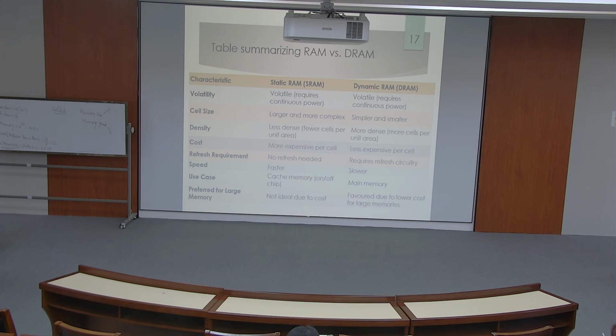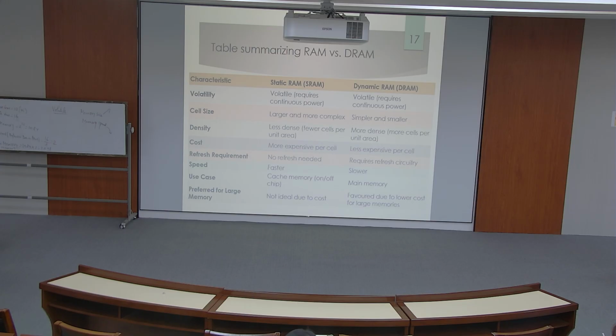When it comes to cost, the SRAM is a bit more expensive compared with the DRAM. For static RAM, there is no need for refresh because it stores data using flip-flop logic gate configurations.